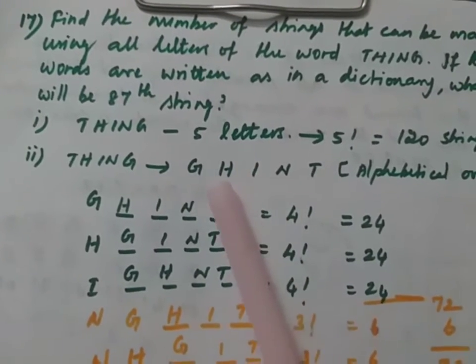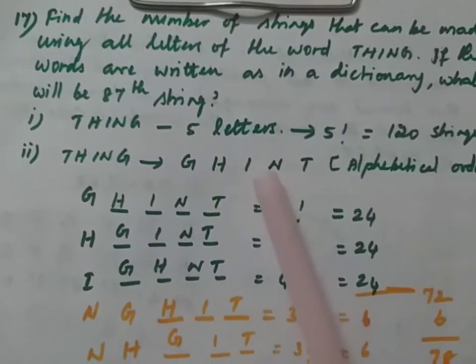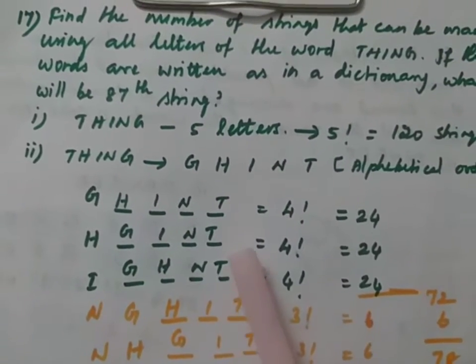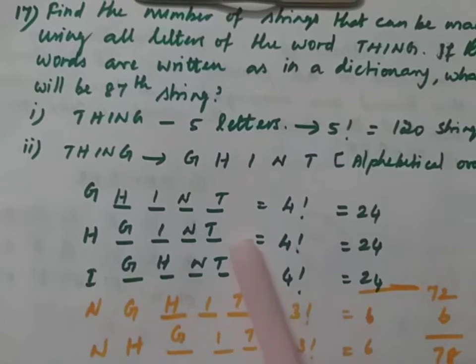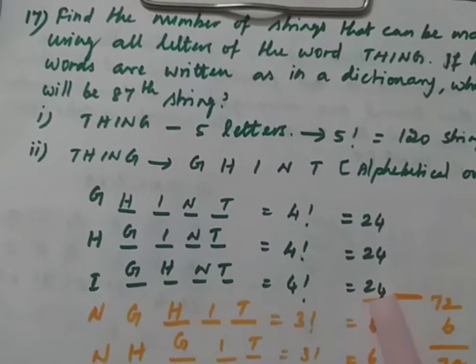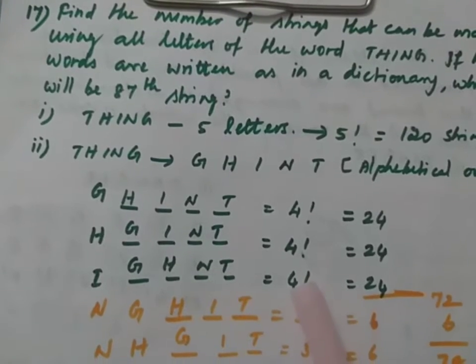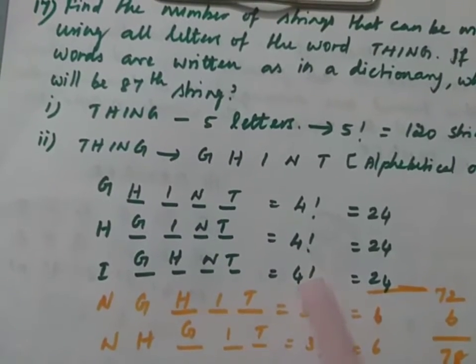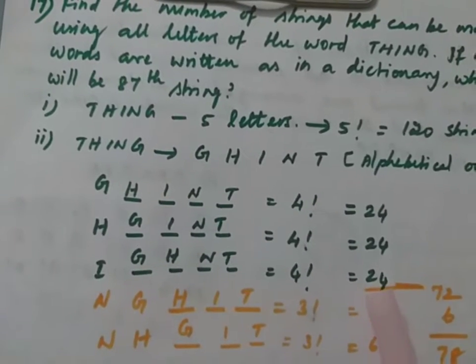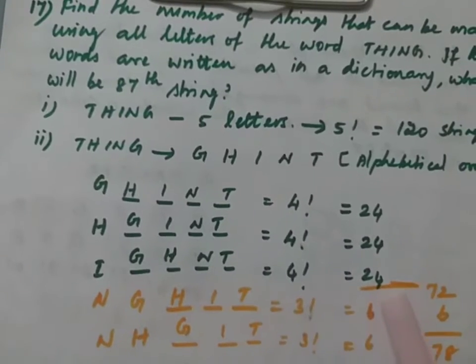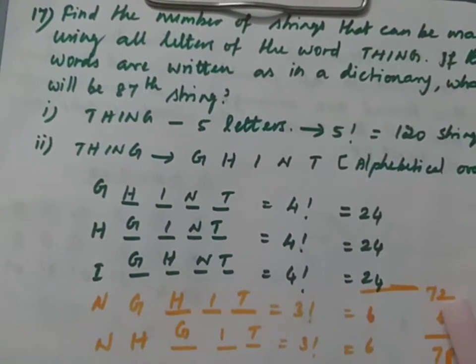Except this I, G H N T, these 4 letters can be written in 4 factorial ways, which is 24. This 4 factorial is nothing but 4 into 3 into 2 into 1, isn't it? So here we have 24, here 24 and here 24. If we add everything, we will get 72.